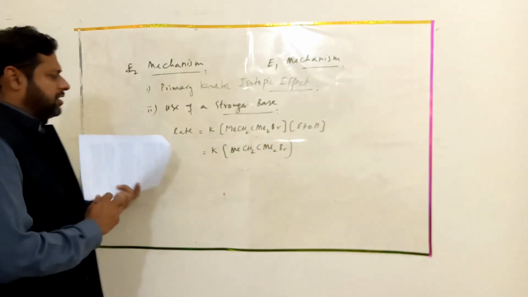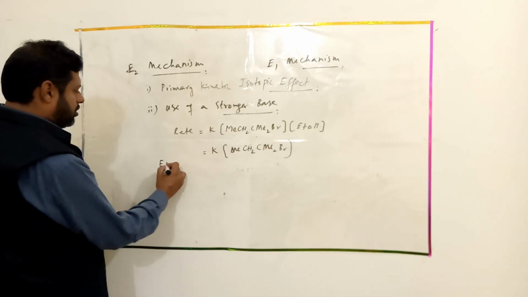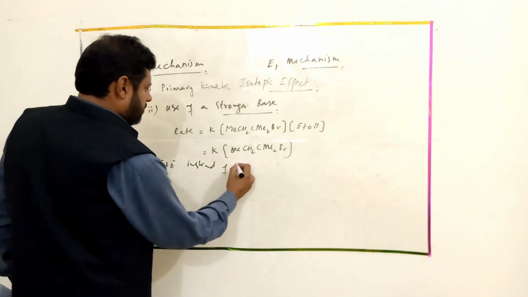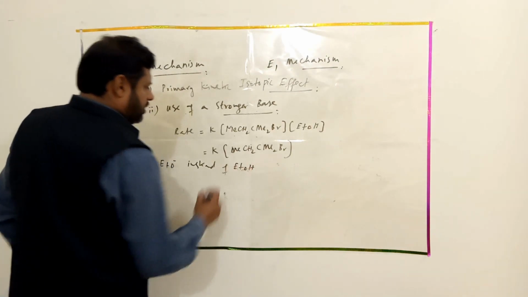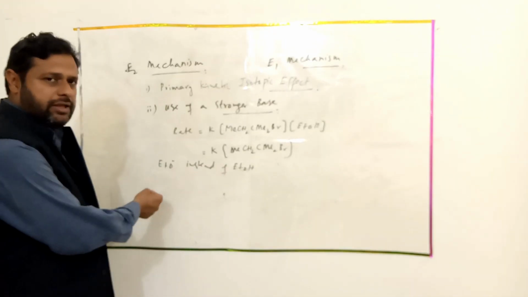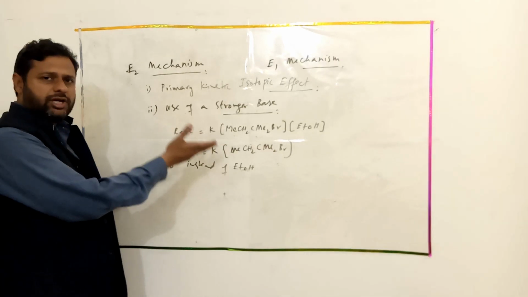Now the method is to use a stronger base. We will use ethoxide in ethanol solvent, and because ethoxide is a stronger base, it will change the rate of reaction.